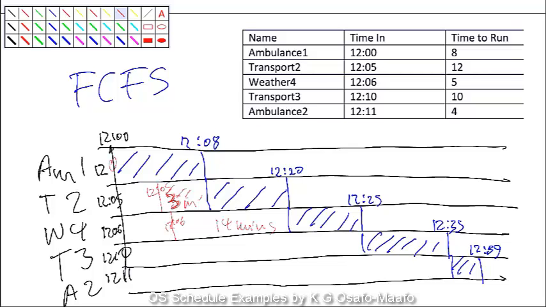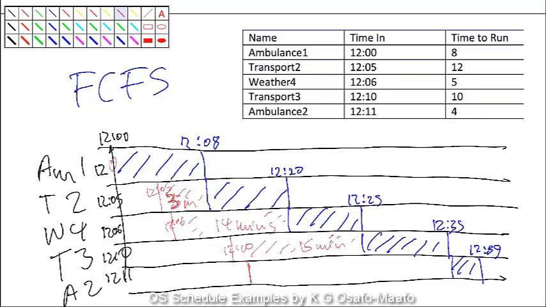Right. At 12:10, T3 transport 3 came in, but it only got to run at 12:25. So the delay here is 15 minutes. Right, so that's all delay. And at 12:11, someone came in.